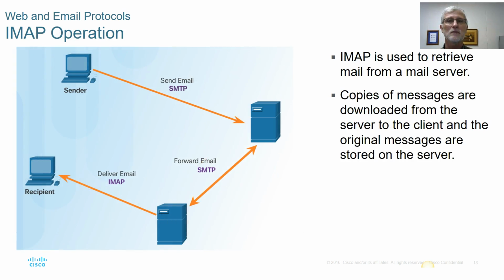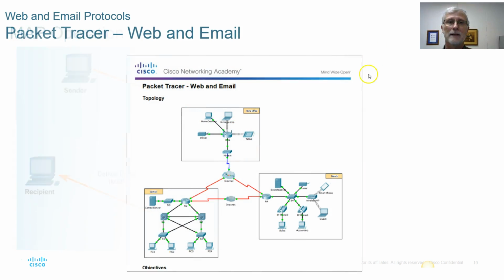So with most of them, I retrieve email from a mail server, but it copies the messages downloaded, so I get a copy that I'm looking at, but I also have the original one, so that I still have the opportunity to go back and look at it, organize it, delete it, clean it up. So most of your applications today, probably Google Mail, use the IMAP protocol.